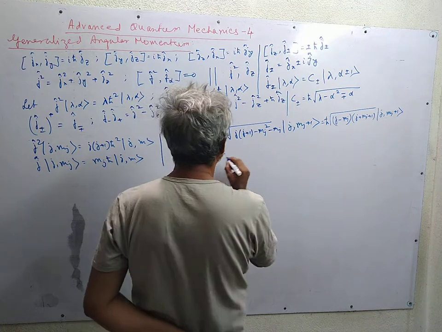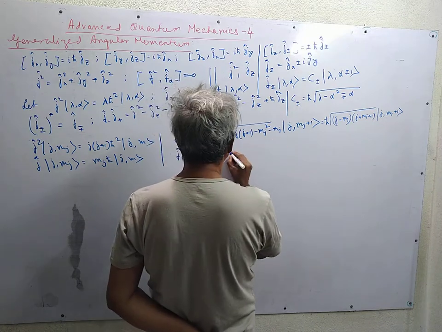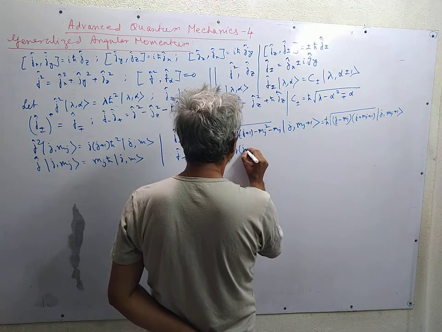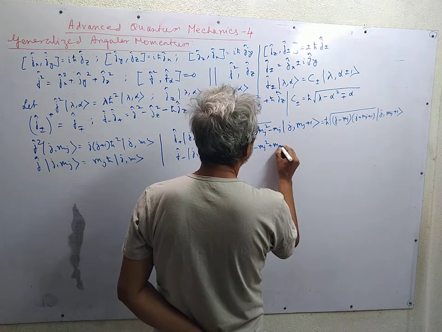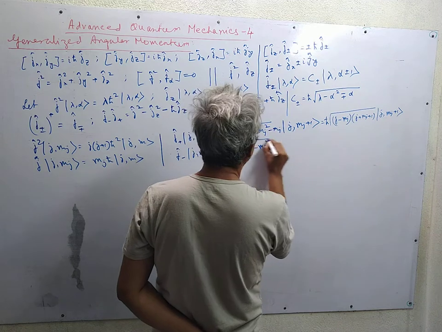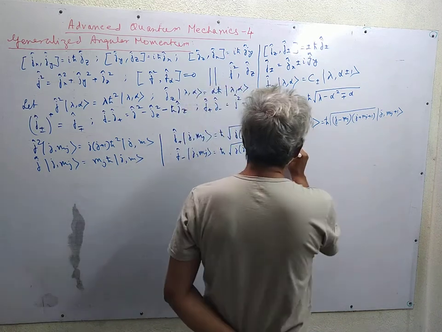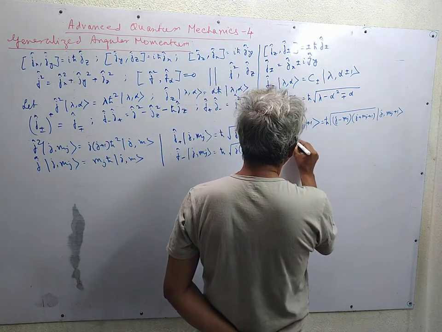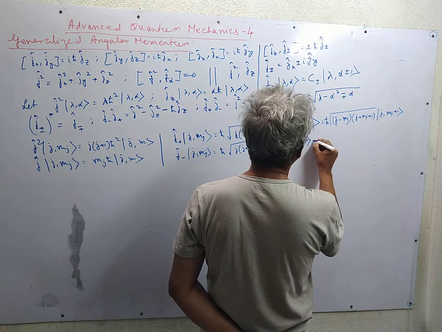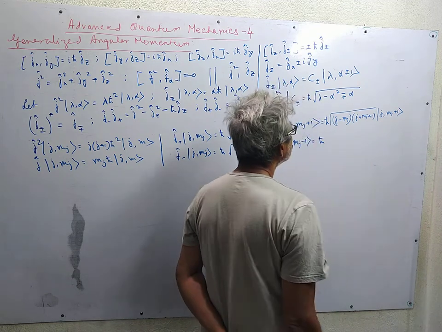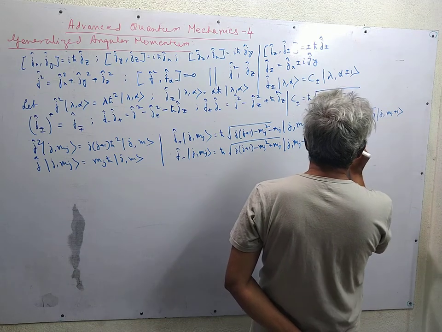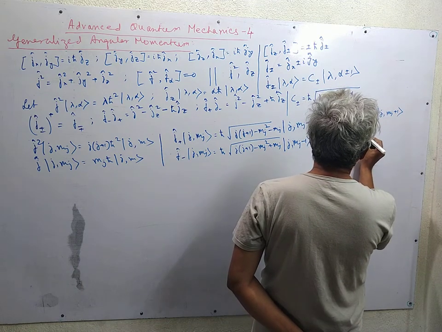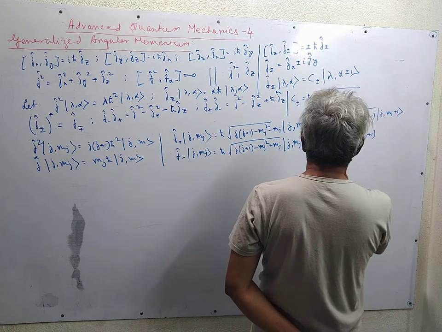This becomes j(j+1) minus mj squared plus mj under root, then this is |j mj minus 1>. This is equal to ħ times the square root of (j plus mj)(j minus mj plus 1).